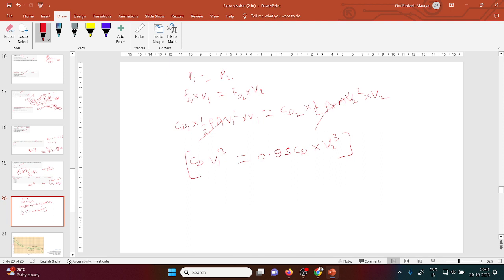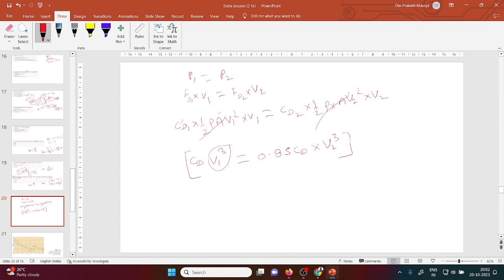So CD into half rho A V square into V1, we multiply the whole thing, and we will get V1 cube on this side and V2 cube on the other side.